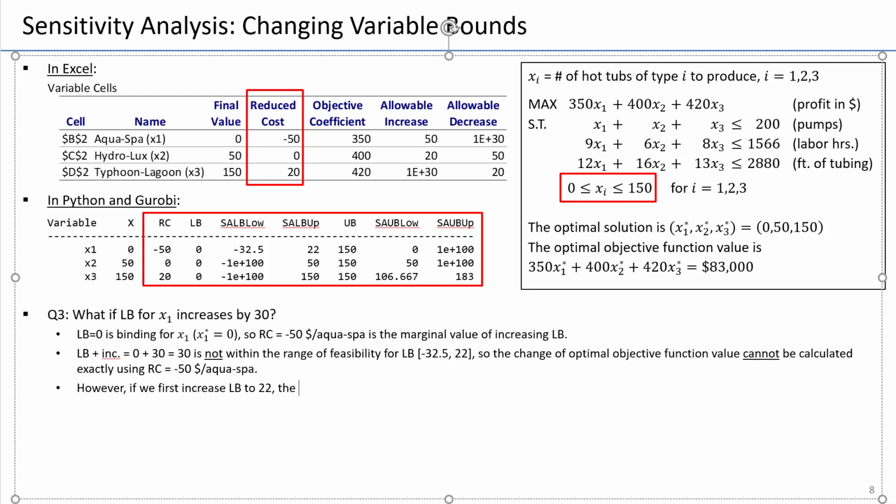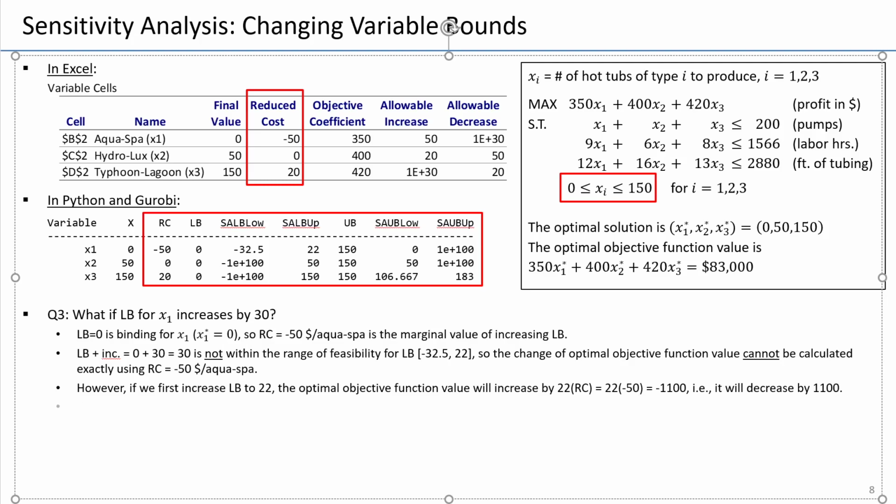So the optimal objective function value will change by 22 times the reduced cost, which will be 22 times minus 50, which is minus 1,100. So it will decrease by 1,100.